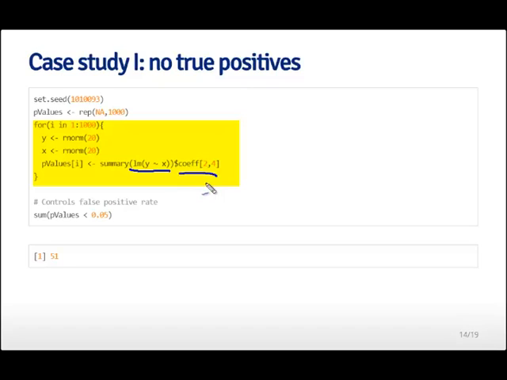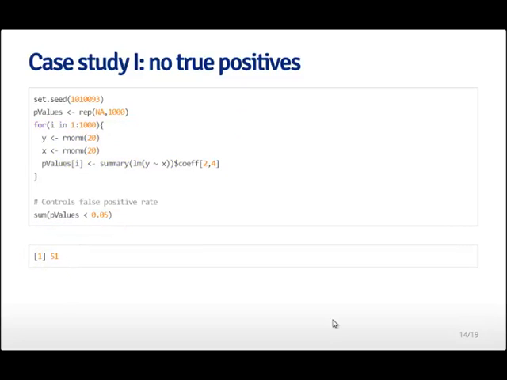In that coefficient matrix, in the second row, the fourth column is the p-value for the relationship between y and x. I calculate the p-value for all 1,000 simulated examples, and then look at the number of p-values less than 0.05. Remember, in none of these cases was there actually a relationship between the two variables, but still we get 51, or about 5% of the tests being performed, called significant, even though there's no relationship.